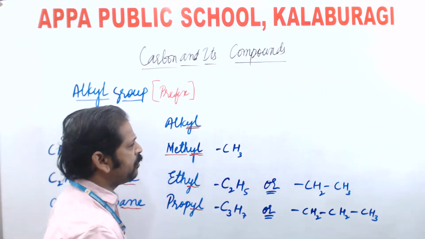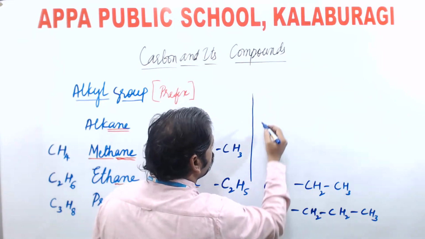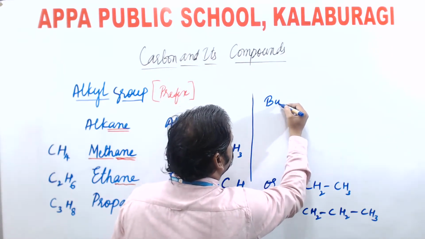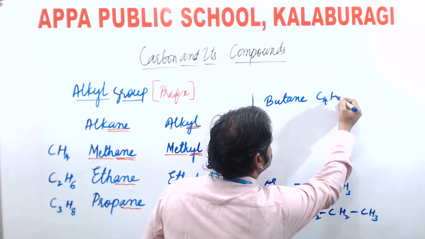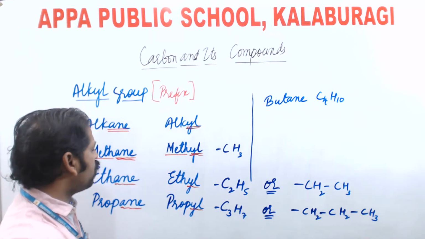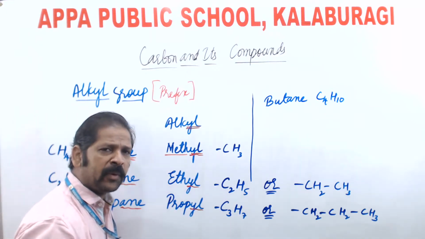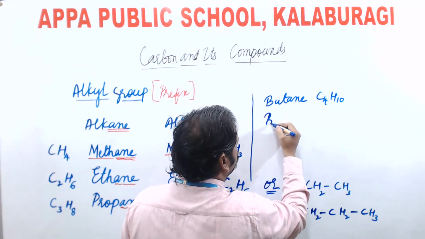I think all of you know about butane. The formula of butane is C4H10. If you remove one hydrogen from butane, it becomes butyl.